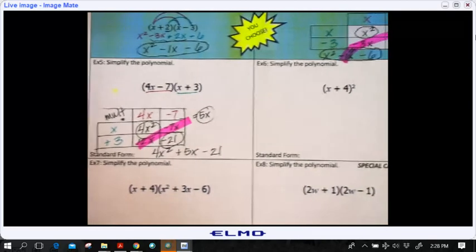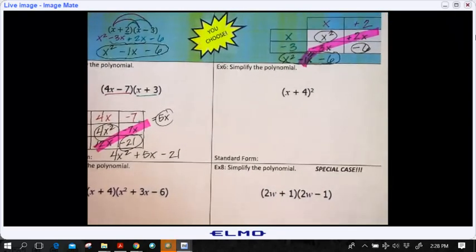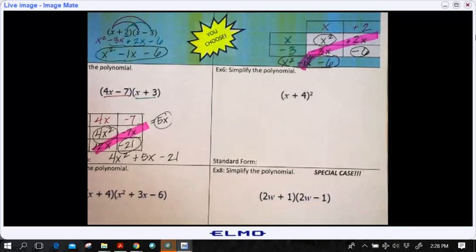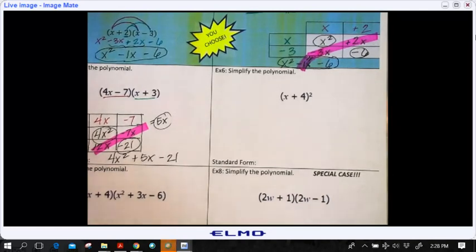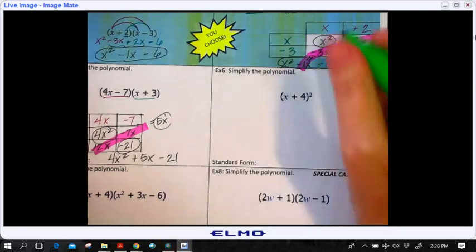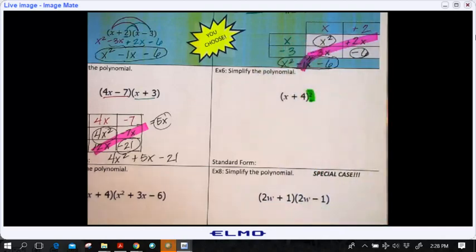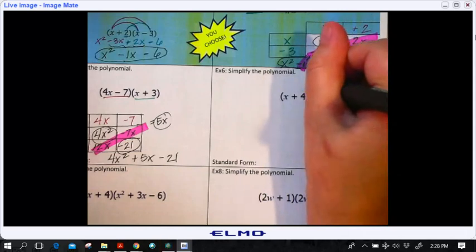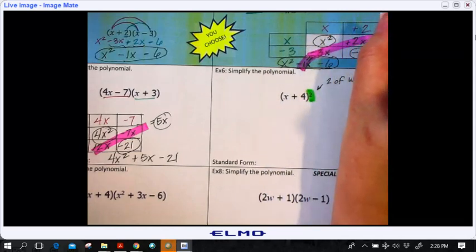Let's do the next one using the FOIL method. Okay. So here is an important note for you. Whenever you see a square above something like that, it means that you have 2 of whatever is in front of this.